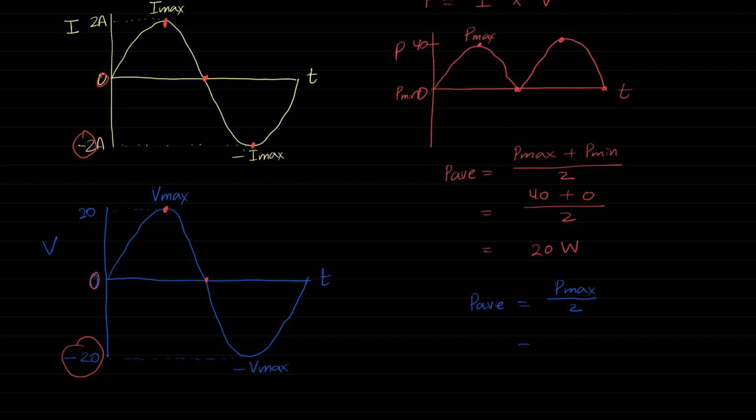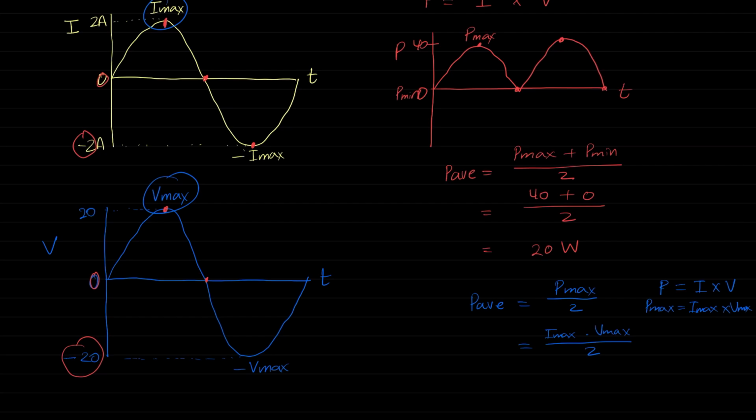Now, we know that P is equal to I times V. So P max must equal I max times V max. We know that to be true because that's how we got it. So here we'll just write I max times V max divided by 2.